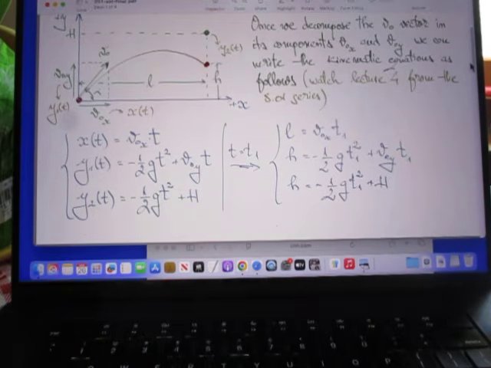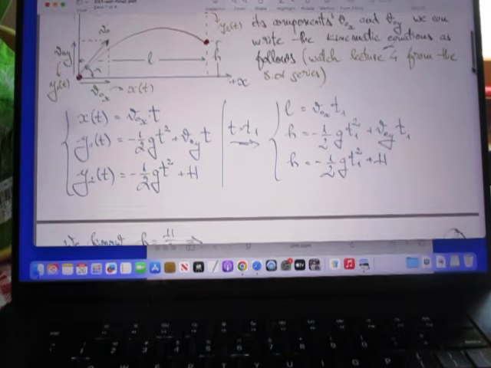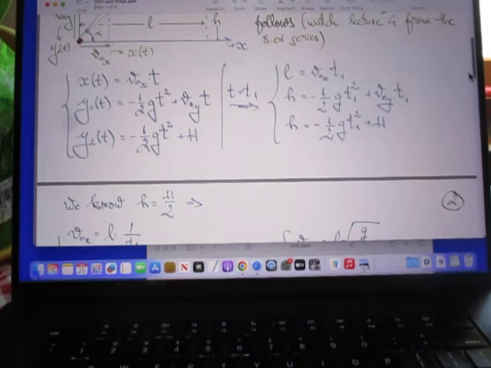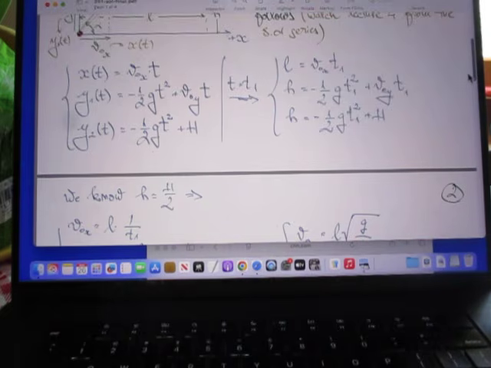Once we decompose the V0 vector in its components V0x and V0y, we can write the kinematic equations as follows. And they are in lecture 4. So I give you some time to digest that.